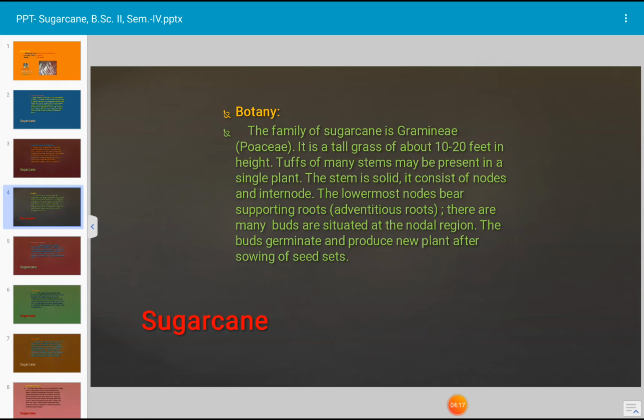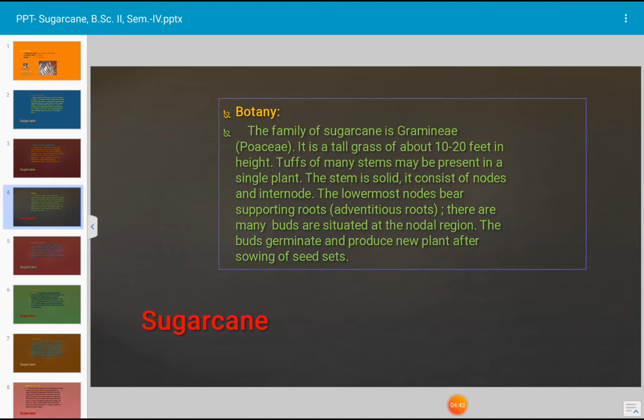and the lowermost nodes bear supporting roots, that is, adventitious roots. There are many buds situated at the nodal region. The buds germinate and produce a new plant after sowing of seed sets. The stem bears a terminal inflorescence, but only a few seeds are formed.